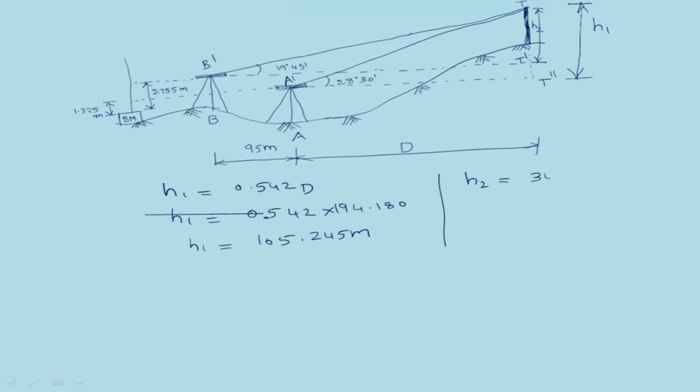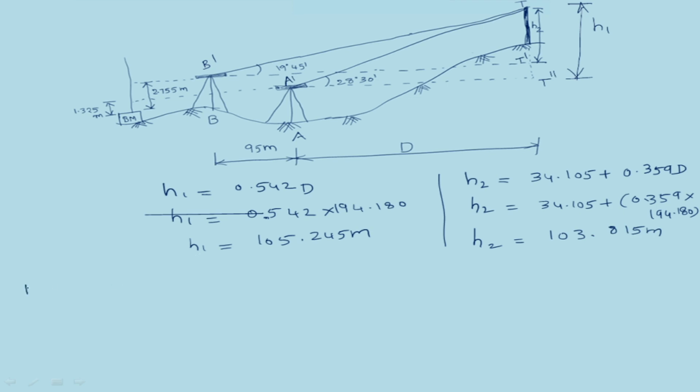H2 we know is 34.105 plus 0.359D. H2 is equal to 34.105 plus 0.359 into 194.18. H2 is equal to 103.815 meters. We can find out the RL of top of lighthouse in two ways.